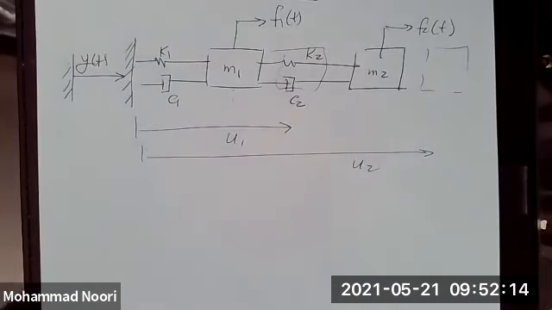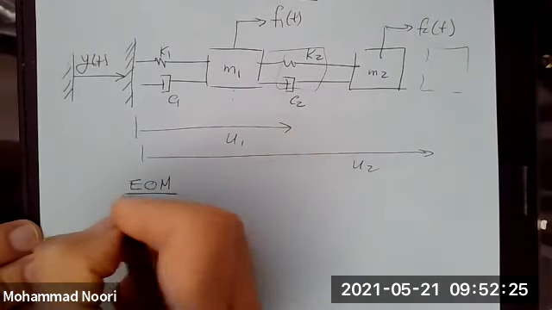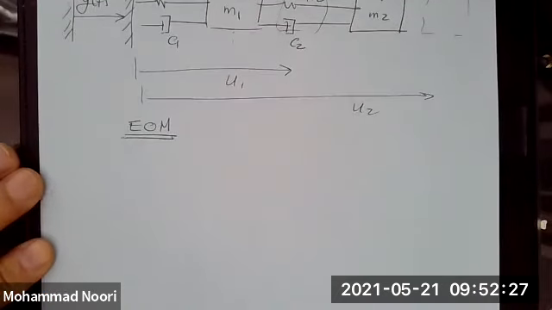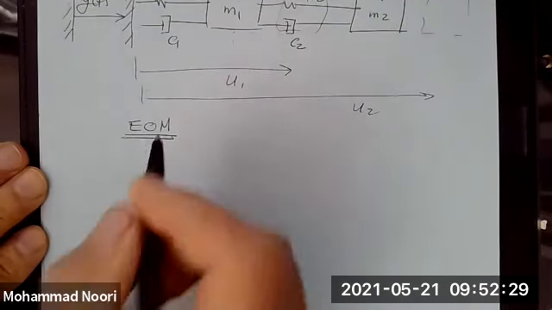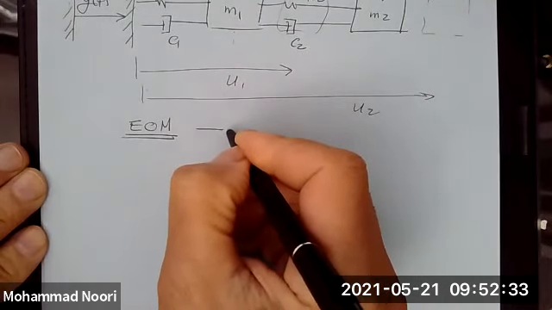So if you remember from single degree of freedom systems, the objective was deriving the equation of motion first. In order to do that, we introduced two broad approaches.